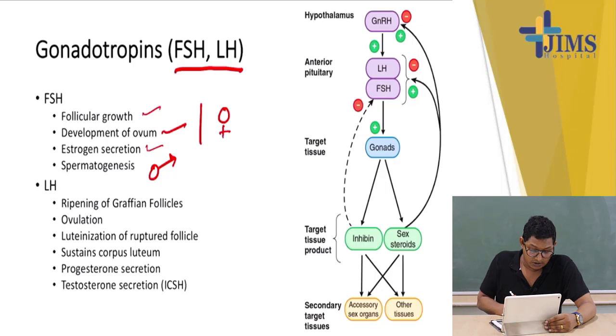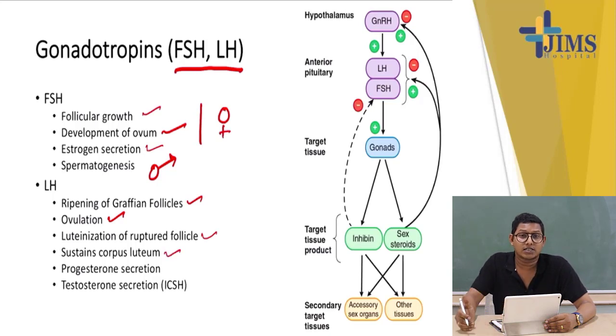Luteinizing hormone is responsible for ripening of the Graafian follicles, ovulation, luteinization of the ruptured follicle, and they also sustain the corpus luteum till the next menstrual phase to be precise.